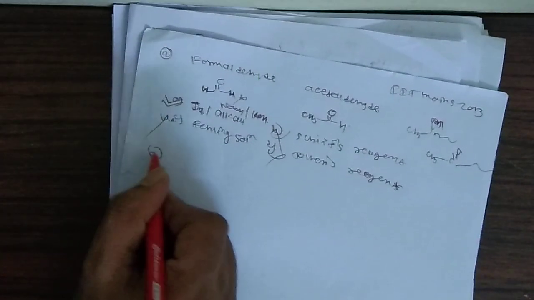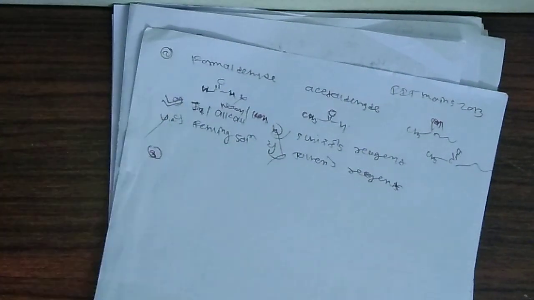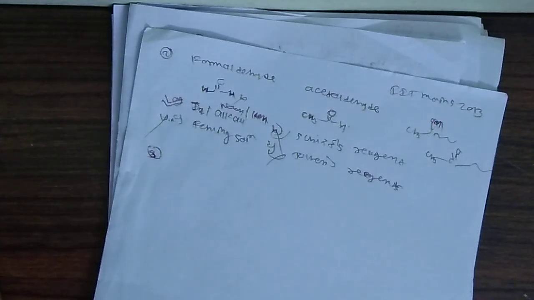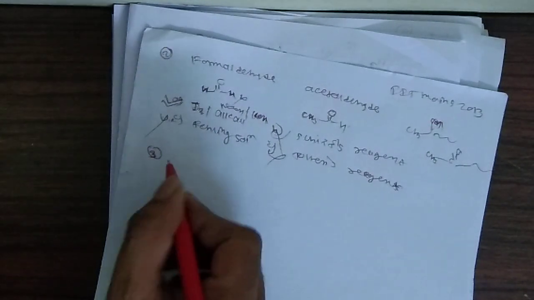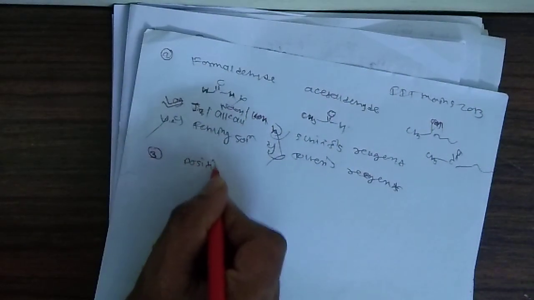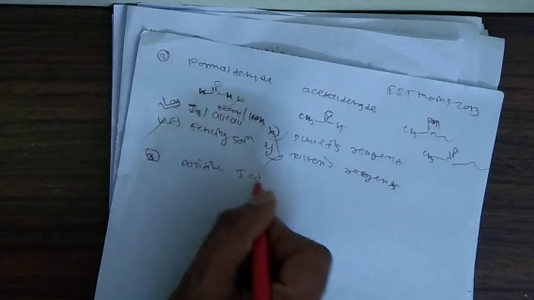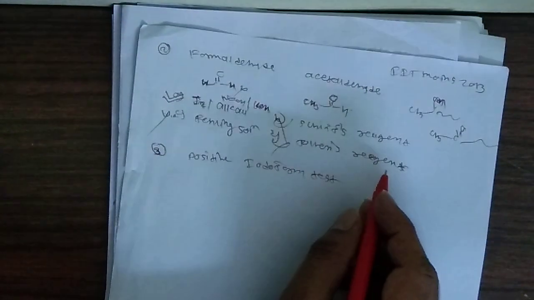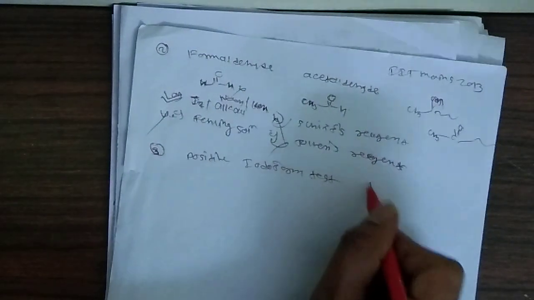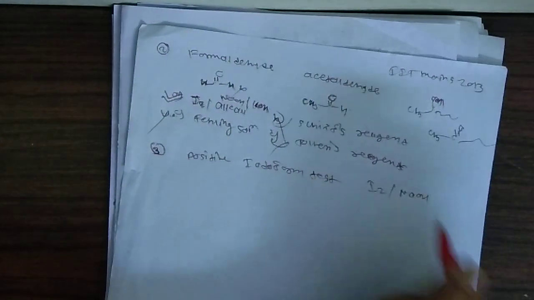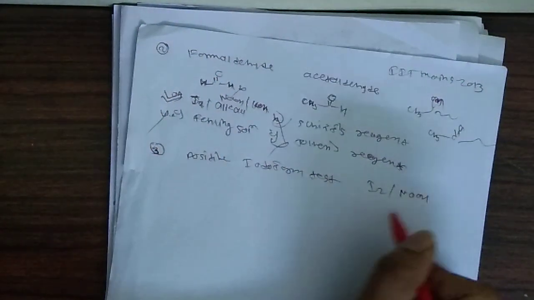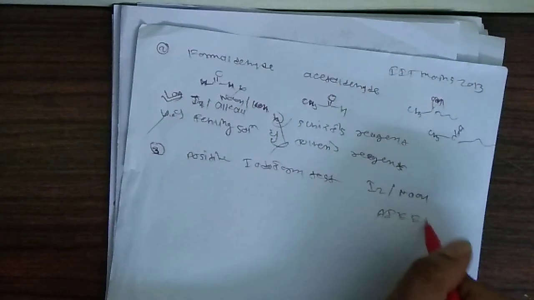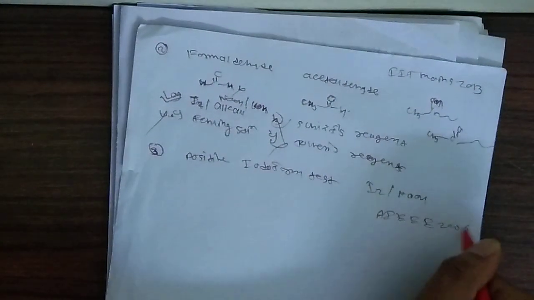Now the next question, depending on that haloform reaction, is: among the following, the one that gives a positive iodoform test upon reaction with I2 and NaOH. This question was asked in AIEEE 2006.